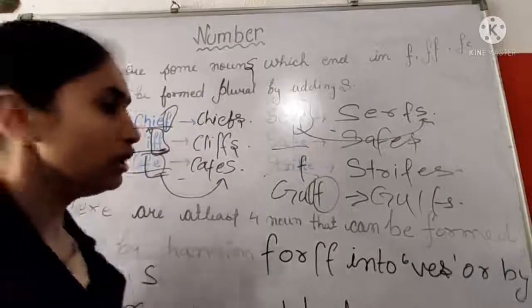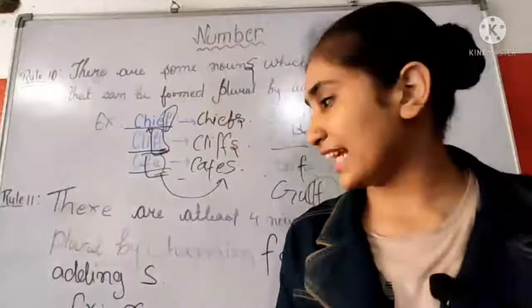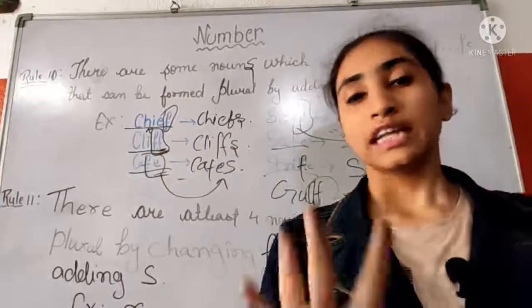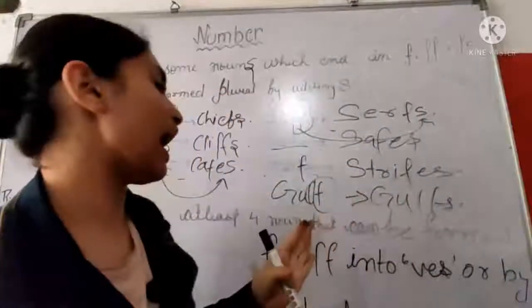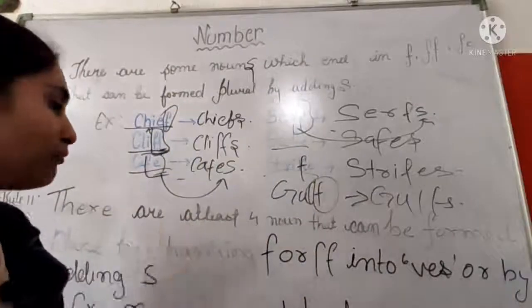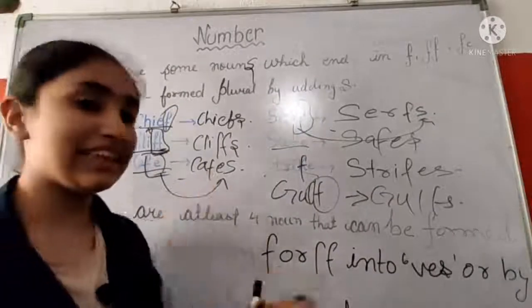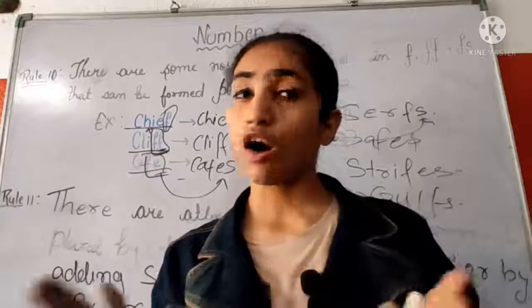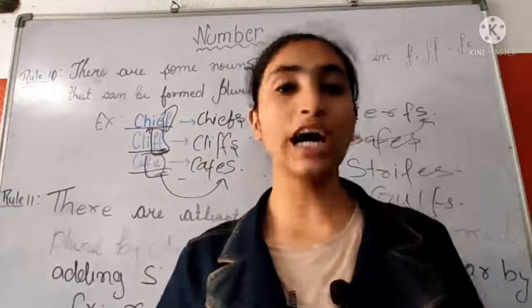Now let's move to the next rule. But guys, there are some nouns. There are only 4 nouns that can be formed plural by changing F or double F into VES or by simply adding s to the singular.